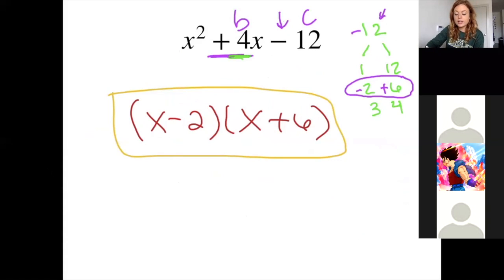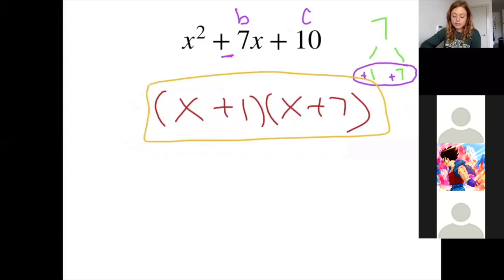When we decided it was 2 and 6, the sign in front of the B tells me which number gets that sign. Because 6 is bigger than 2, we gave the 6 the positive that was in front of the 4. Those are your basic rules to factoring.